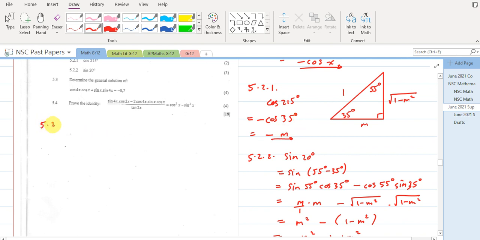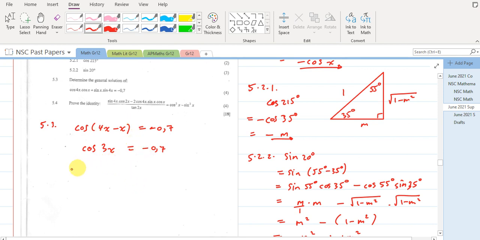Then 5.3. Determine the general solution of cos 4x cos x plus sin x sin 4x equals negative 0,7. So we have cos, sin, sin, which is cos of 4x minus x. Remember, this is a compound angle: cos a cos b plus sin a sin b is cos of a minus b.